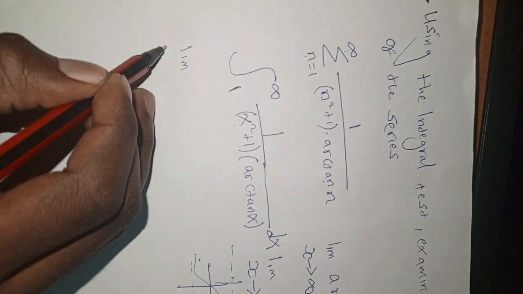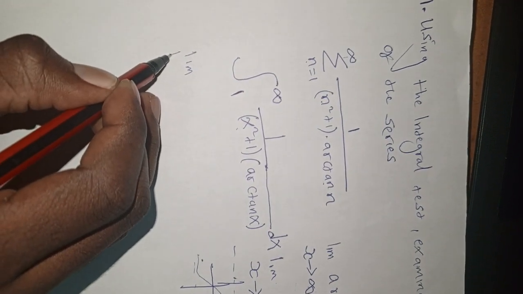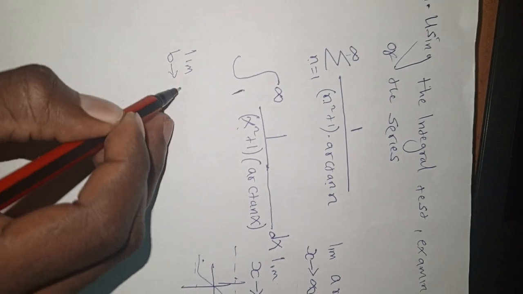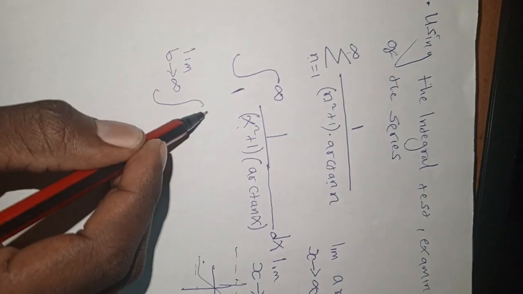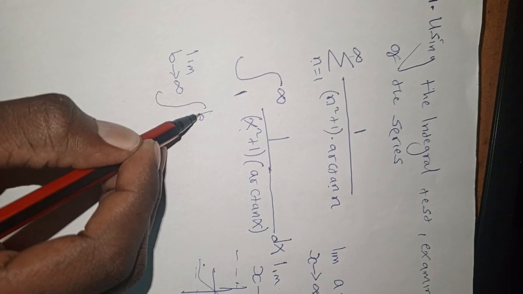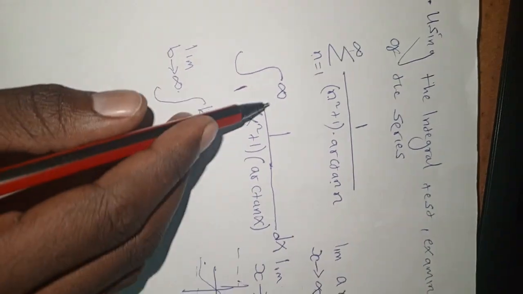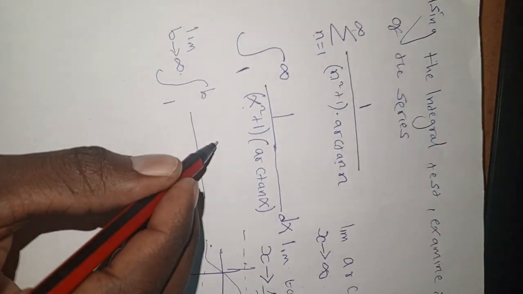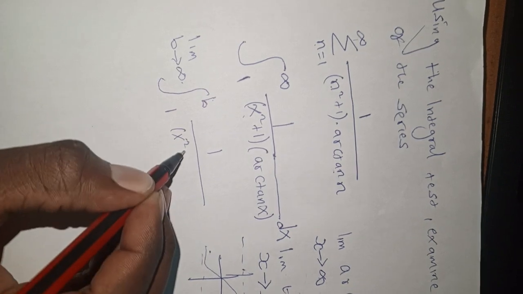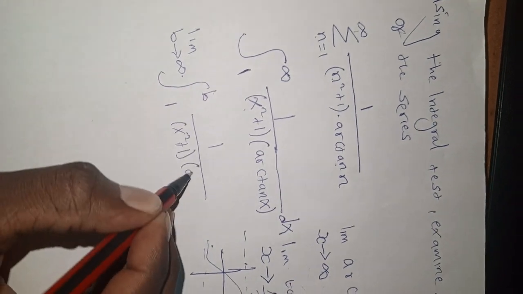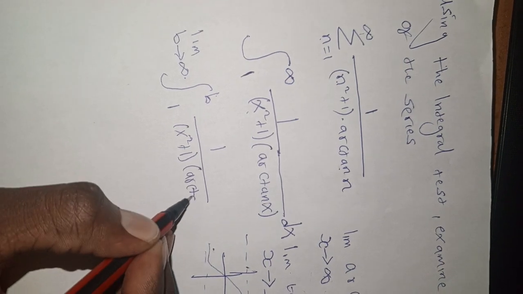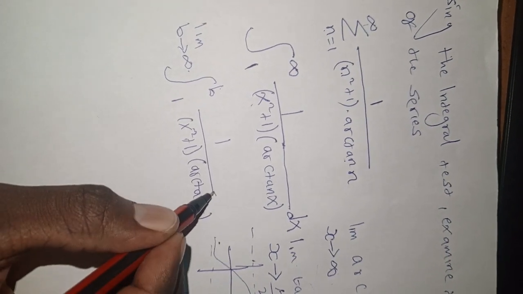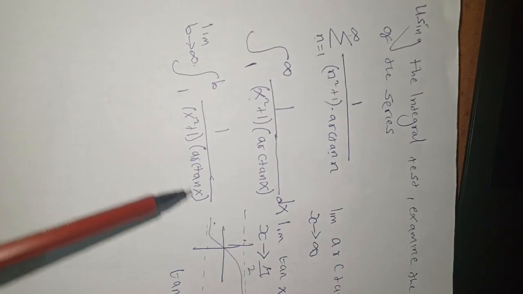So the first thing I'm going to do is say the limit as b approaches infinity. I'm going to replace infinity with b, since now b is approaching infinity, of the integral from 1 to b of 1 over (x squared plus 1) arctan x. Now, how can we integrate this whole thing?